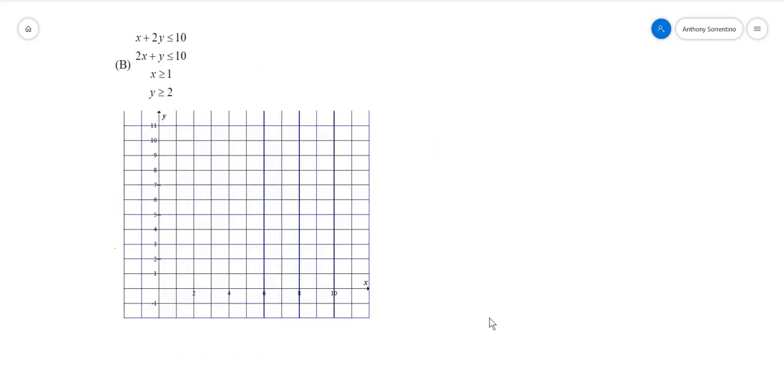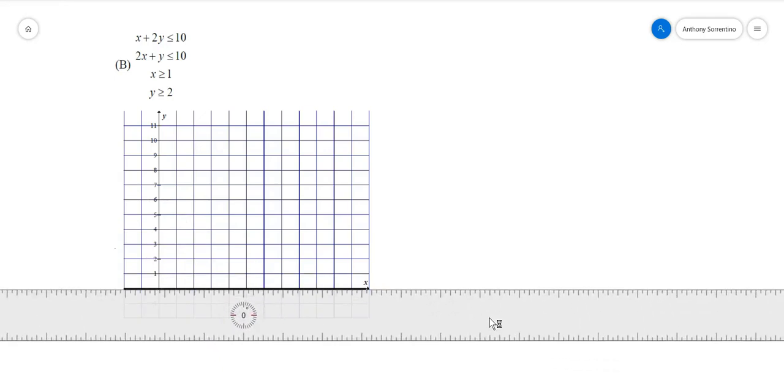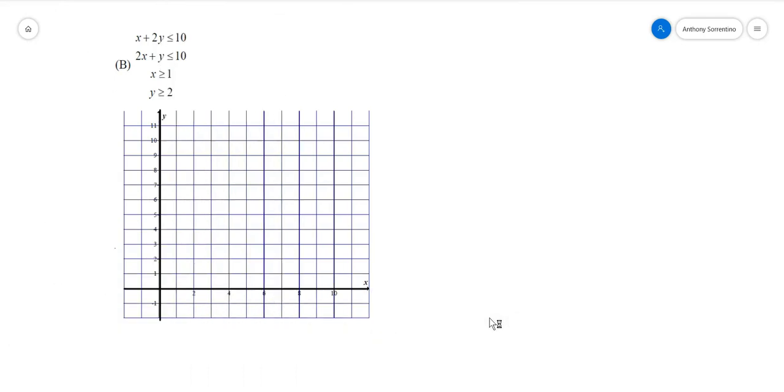Let's try the next one. Again, for some reason the axes aren't showing up as well as I'd like, so I'm going to put them in really quick. I'm going to start with the two easy ones. First, x is greater than or equal to 1.